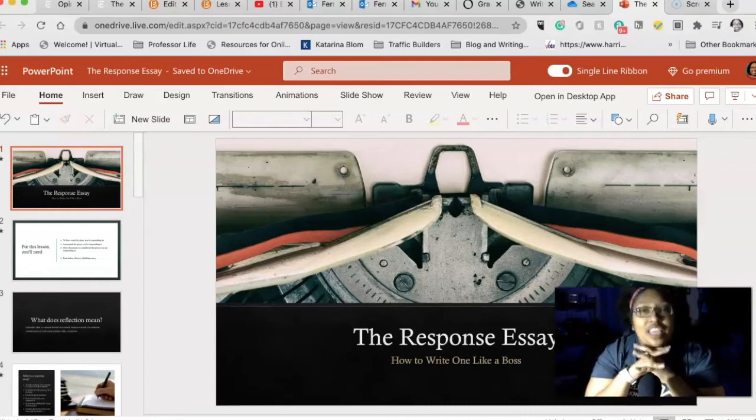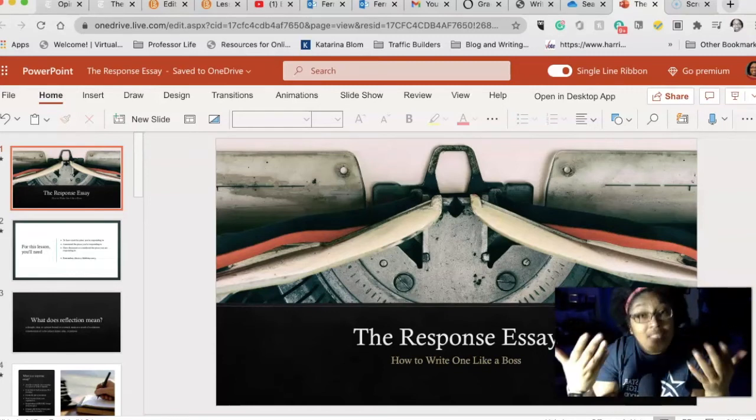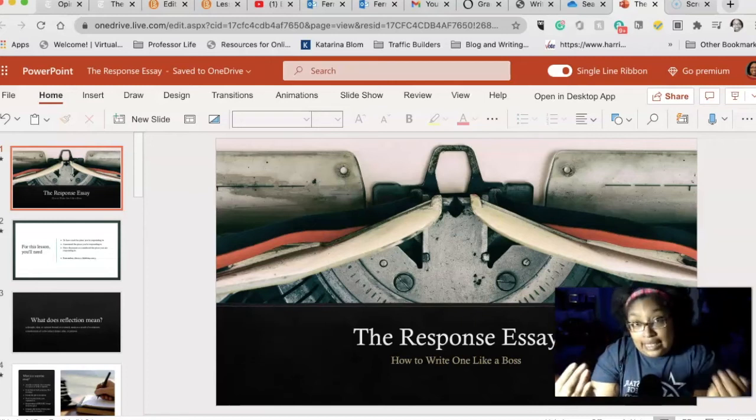If you're thinking what type of essay that is, you may have actually done this essay perhaps in a previous class. You may have done a version of this essay probably on social media. But essentially, a response essay is where you are reflecting on something and responding to something.